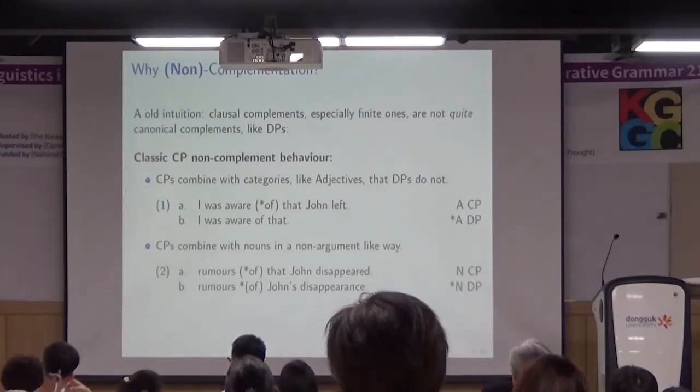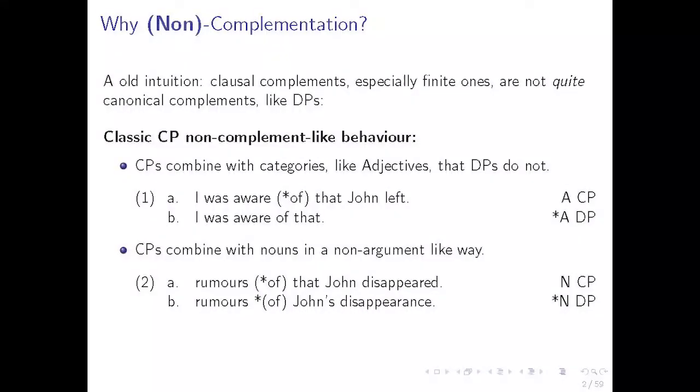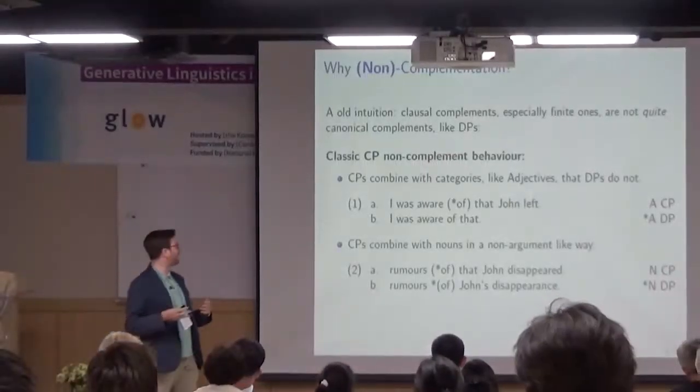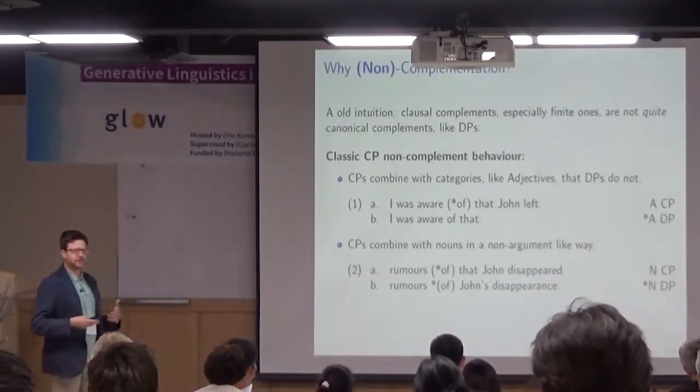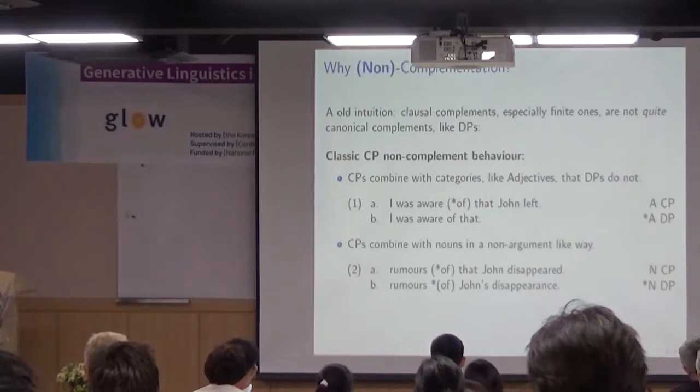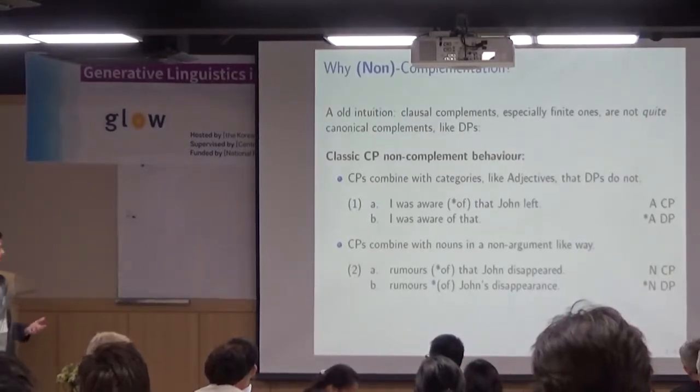So the topic of the workshop is non-complementation, and the way I understand this, there's this old intuition, which exists in the traditional literature, that complement clauses are somehow less complementy than other complements, especially finite CP complements when you compare them to DP complements.